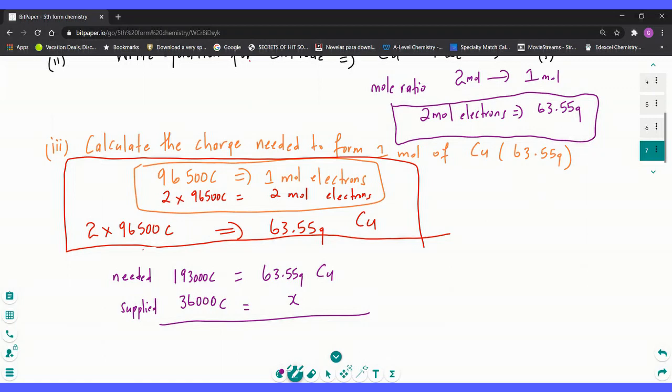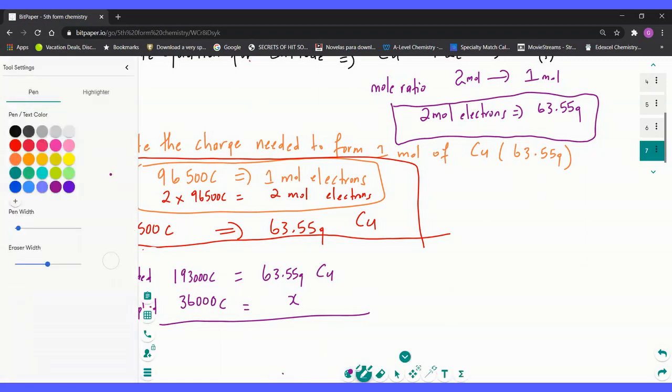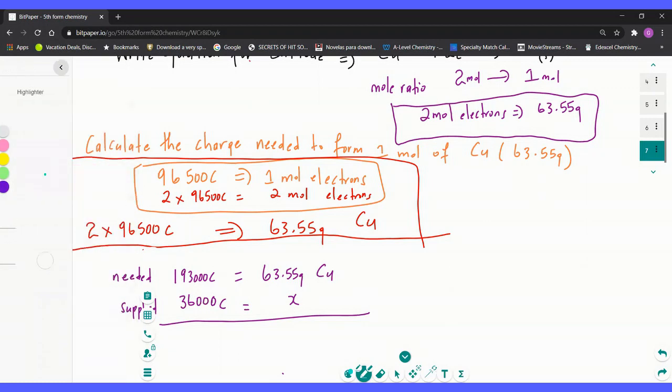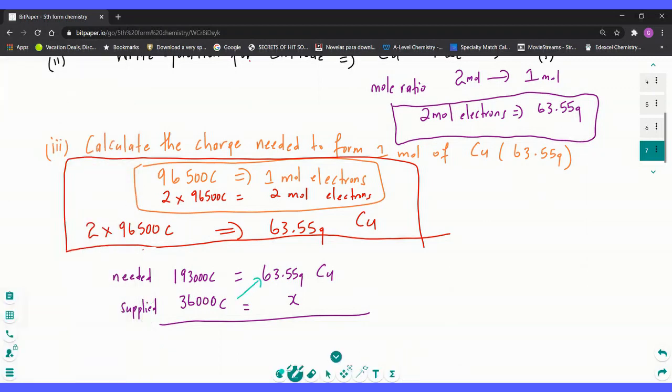And how do we find our X, guys? Cross multiply. So let us do a little cross multiplication now that we have made 2 nice statements. It would be 193,000 times X is equal to 63.55 times 36,000.